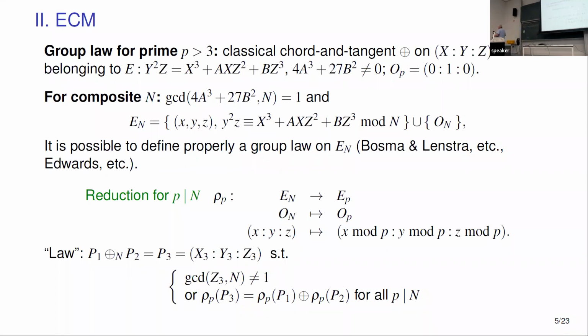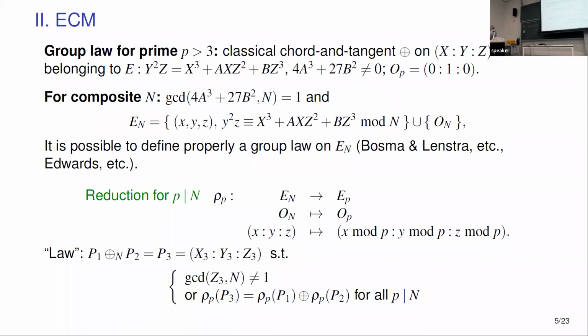You imagine your curve, which we define very basically like this, modulo the composite integer n, for which the so-called discriminant of the curve should be invertible. And when you add 2 points, here I choose the projective law, if you find at some point that the z coordinate is not prime to n, then you have found a factor of n.